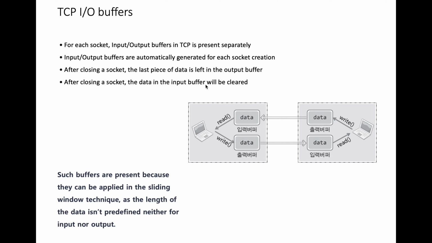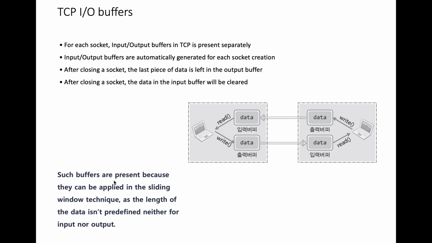If you go into advanced computer networks programming, then you will be handling those last pieces of data inside those internal TCP buffers as well. After closing a socket, the data in the input buffer will be cleared. So that's the difference between the output buffer and input buffer. When you close a socket, the output buffer's data will be left there, but the input buffer's data will be cleared out. It will be 0.